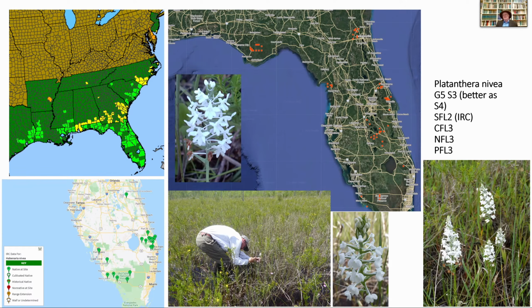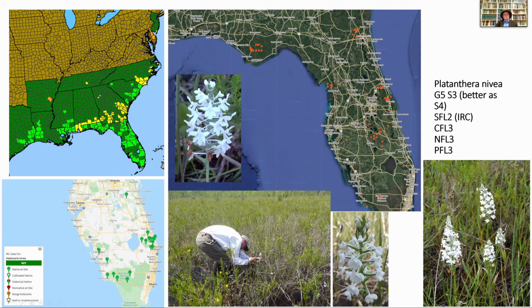In Peninsular Florida, probably our most common Platanthera, or what people call fringed orchids, but this one's not fringed. I think it's snowy orchid or something like that. I'm not very good with common names. It's got a fairly wide range from New Jersey to Texas, but isn't common in much of that range.